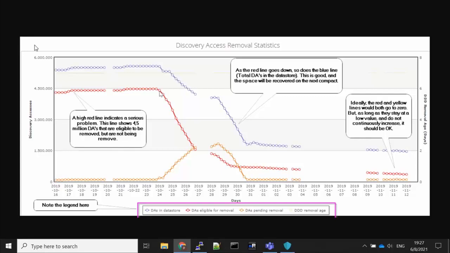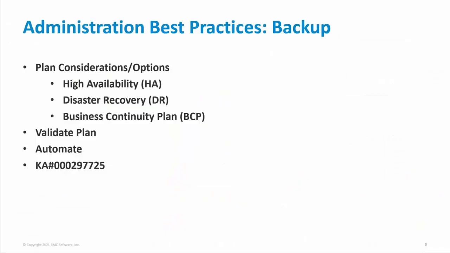demo. Let's review now the next best practice, backup. You can name this backup plan high availability, disaster recovery, or business continuity plan. What we recommend is to always be able to restore Discovery. We wrote one knowledge base article that gives options to implement this backup plan.